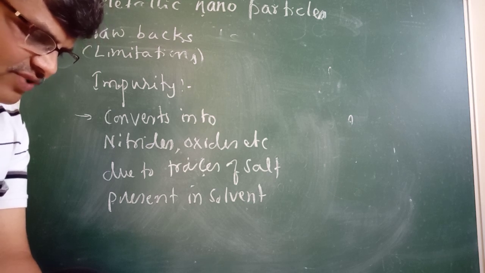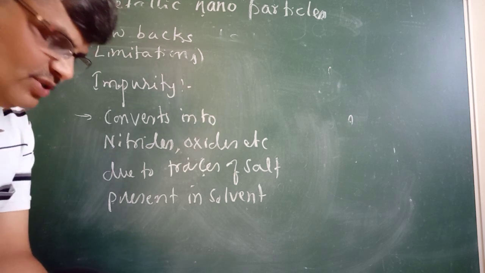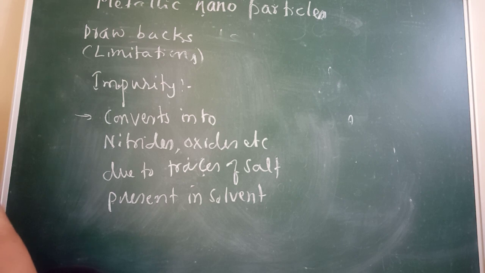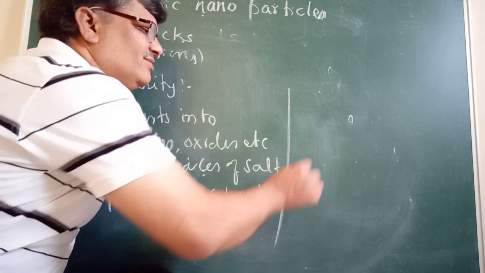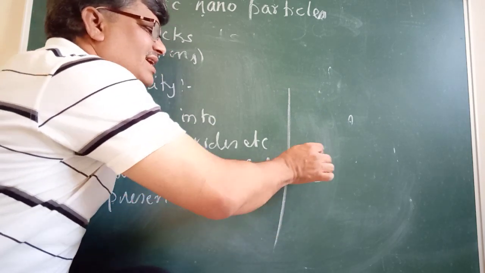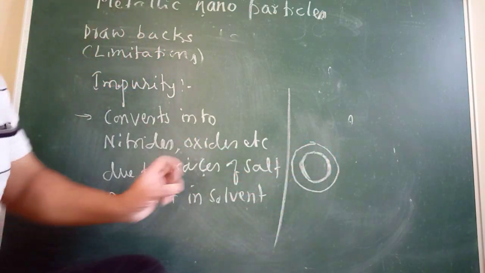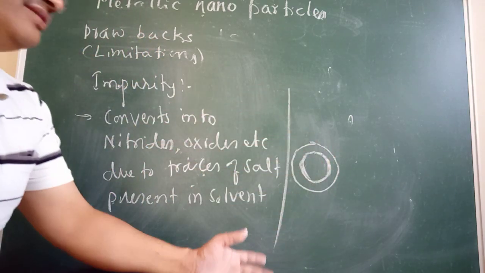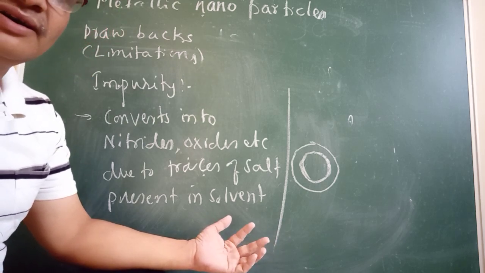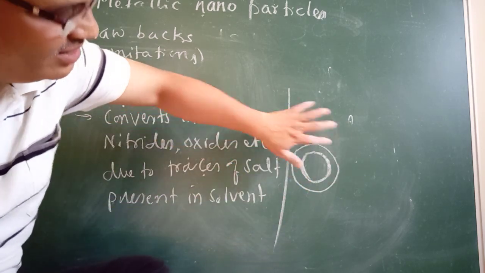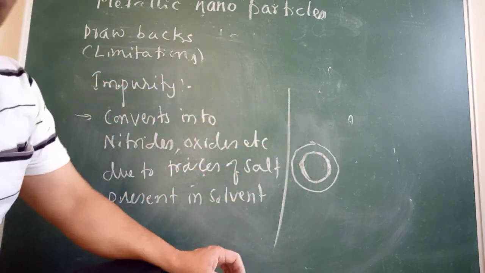So for that purpose we need to encapsulate. Encapsulation of the nanoparticle is very important. When a nanoparticle is formed, it is encapsulated, so it is covered with some transparent polymer or transparent conducting oxides over the nanoparticles.